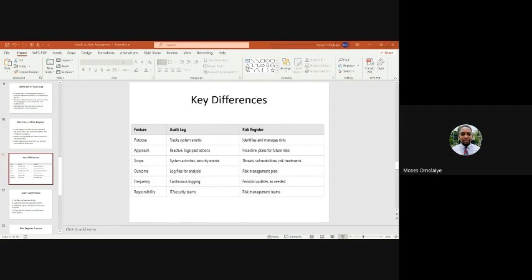And then for risk register, periodic updates as needed. So you update your register as the need arises. And then who is responsible for the audit log? IT or security teams. And then you have the risk management teams. In some cases, it just depends on what nomenclature and structure the organization uses.